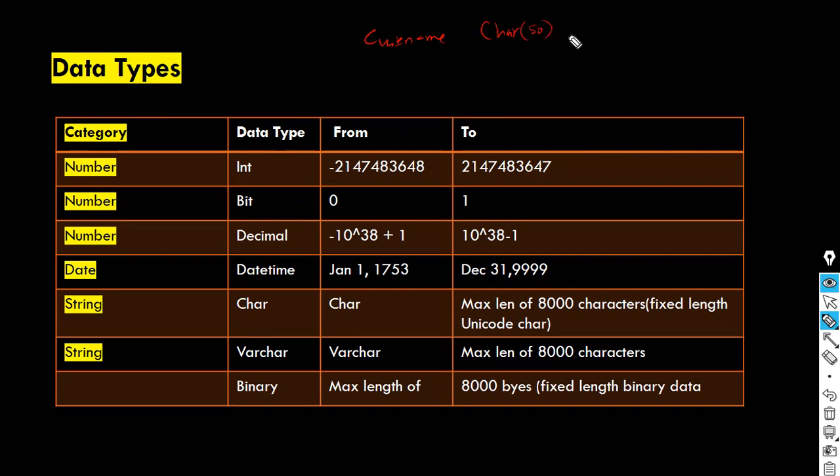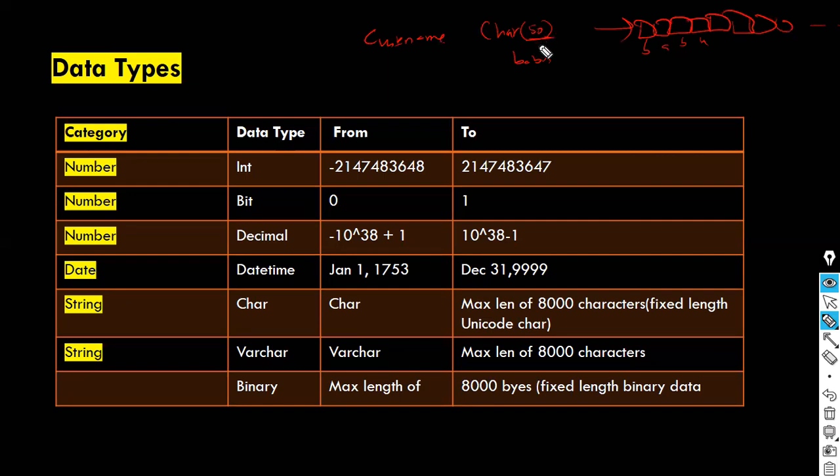And if you specify 50, what will happen is, irrespective of the length of the customer name, it will allocate 50 cells in the memory. Let's say some customer name is just 4 letters, so it requires just 4 bytes.